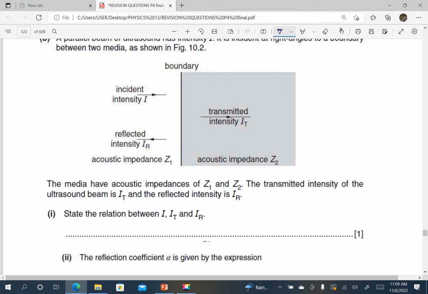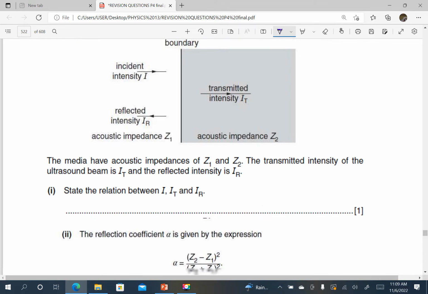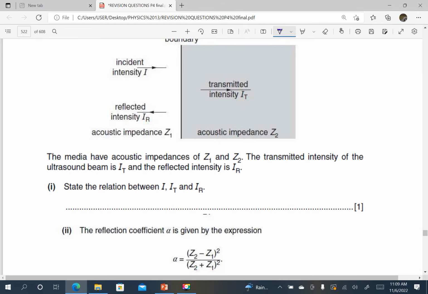The transmitted intensity of the ultrasound beam is IT, and the reflected intensity is IR. State the relation between IT and IR. Of course, by conservation of energy, I is incident, part of it is reflected, that is IR, and part of it is transmitted. So it is just IR plus IT.